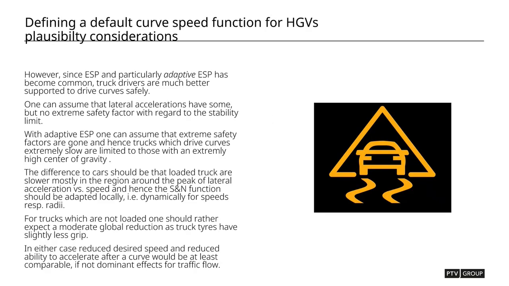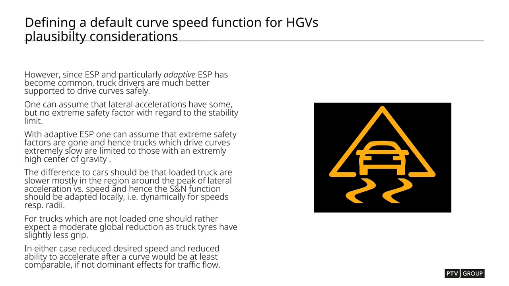Since that data, which I showed on the previous slide, was obtained, things changed. So now there is the ESP, and particularly a load adaptive ESP, which means the electronic system which helps that the truck does not roll over is adapting to the load of the vehicle, how it is loaded, how much is loaded.